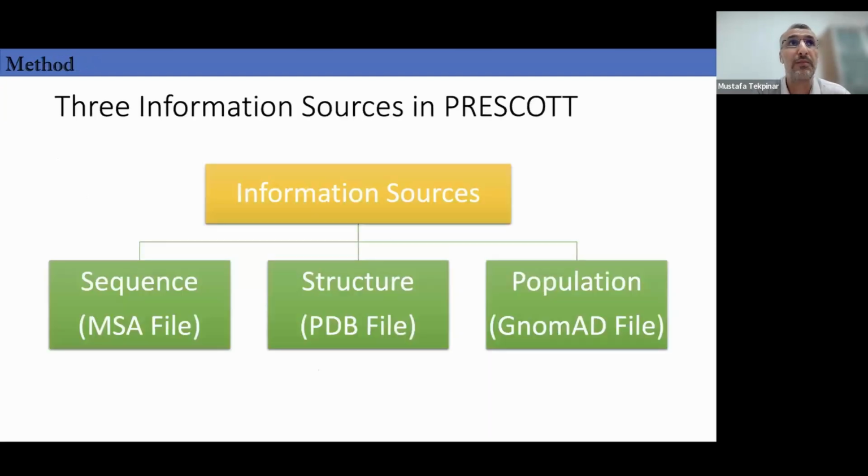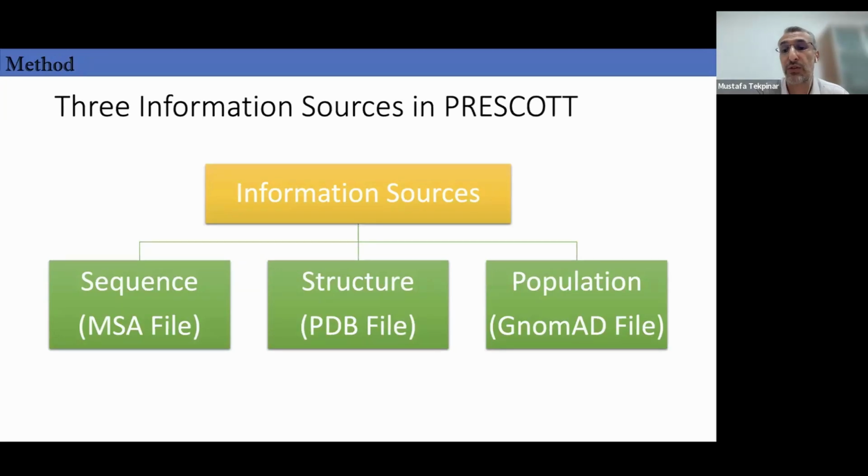So in many variant effect research projects, there are three sources of information, and the same was true for us as well. The first source of information is sequences, and the source of this information is typically an MSA file in any format. The second source of information is structures, from mostly PDB files or CIF files.